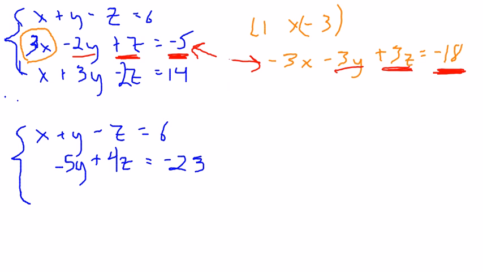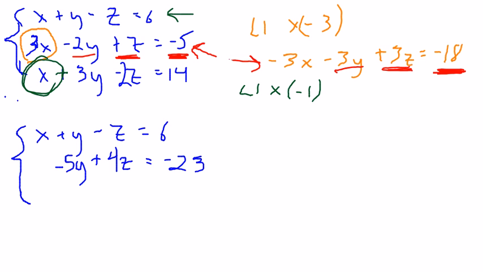Now I'm going to do the same thing with the third line. Let's go to a different color. I'm going to target this x right here. Remember, there's a plus sign. I kind of wrote over that. Okay, so to target that x, I'm going to do line 1 times negative 1.